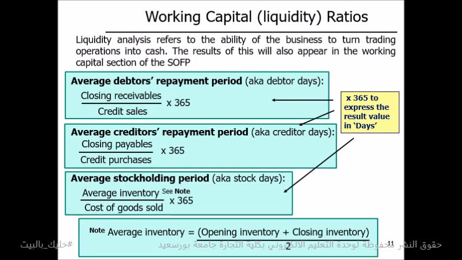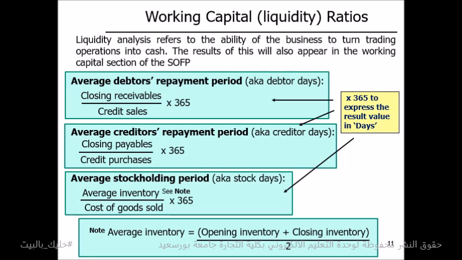So again, we have three main ratios in the liquidity ratios. The first one is average debtor repayment period. The debtors are the account receivables, which is equal to closing receivables divided by credit sales multiplied by 365. The average creditor repayment period is equal to closing payables divided by credit purchases multiplied by 365.